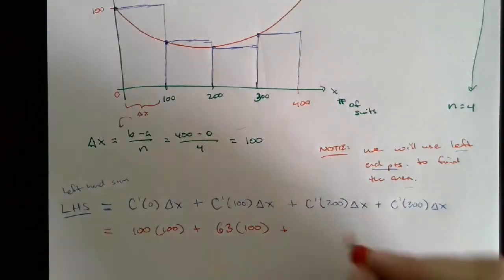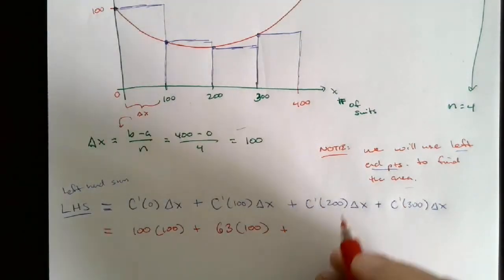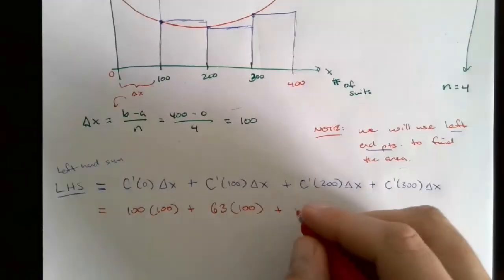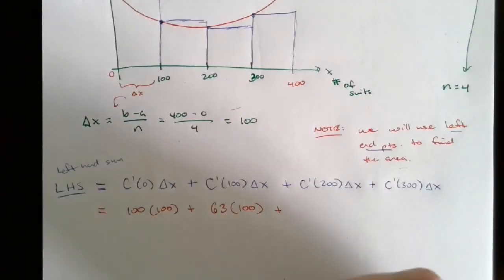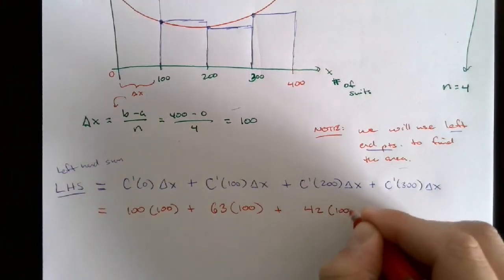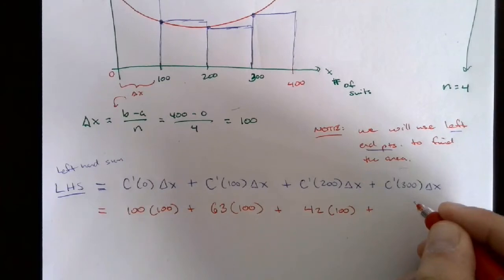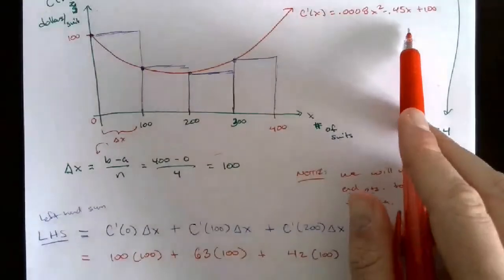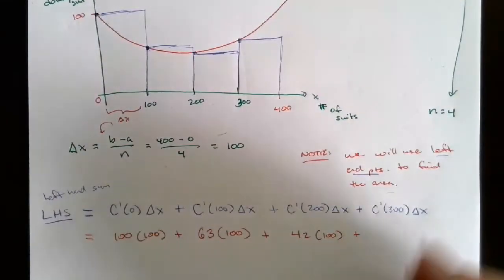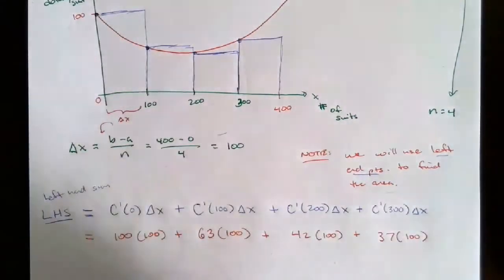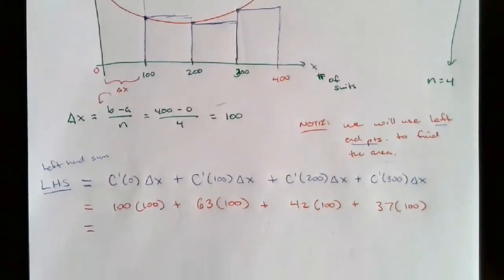Now to save time, I will just tell you what these are. C prime of 200, if you sub 200 into your function, the height there, the y value that you get, is 42 times delta x, which is times 100, plus c prime of 300. This is the y value here, it's the height. When you substitute into here, you will get 37 times 100. And so we want to add this up.